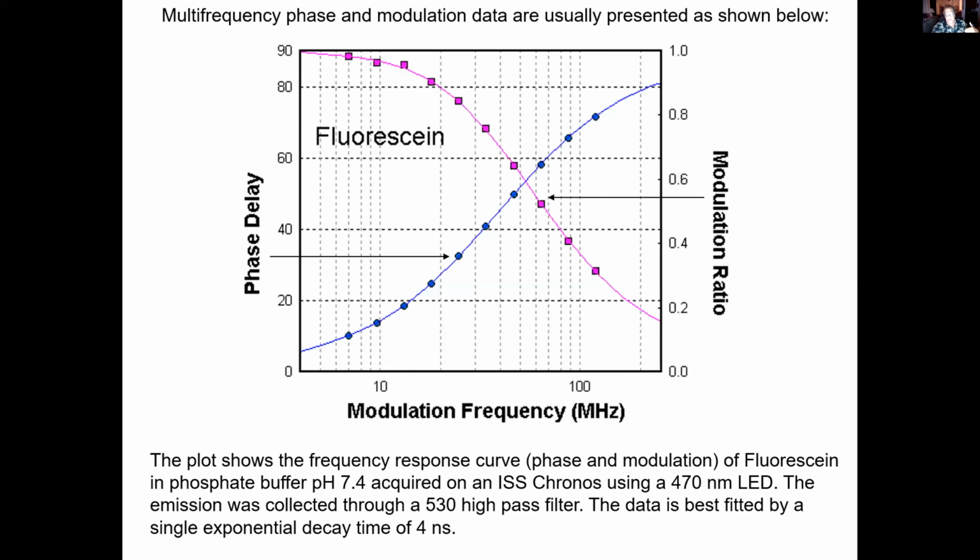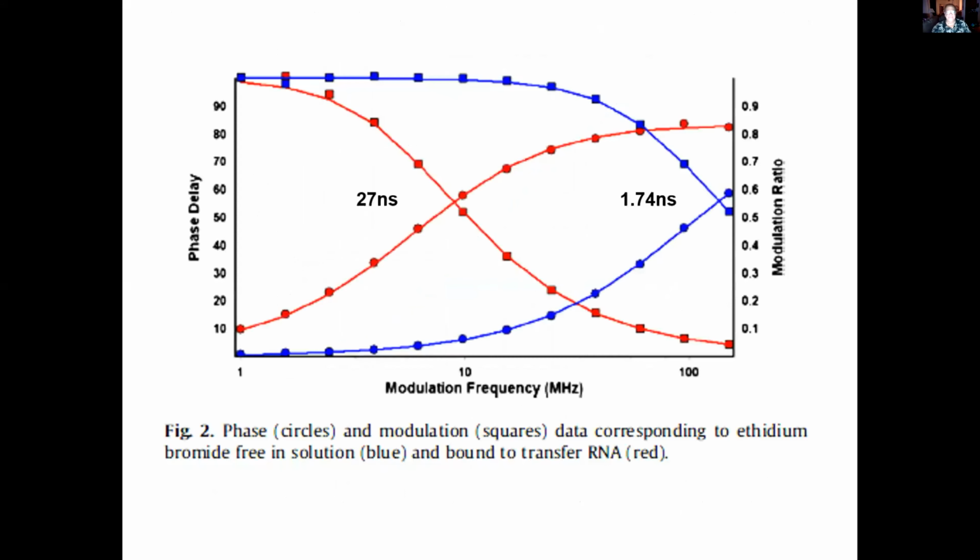So you put all the data points up, and then you fit the phase delay or the modulation ratio to different models of single or multiple lifetime components in different amplitudes or fractions. And when you've worked with this for many years, to your eye, you can look and see, oh, that's a single exponential decay in the frequency domain, or at least I know Enrico can do that with his eye.